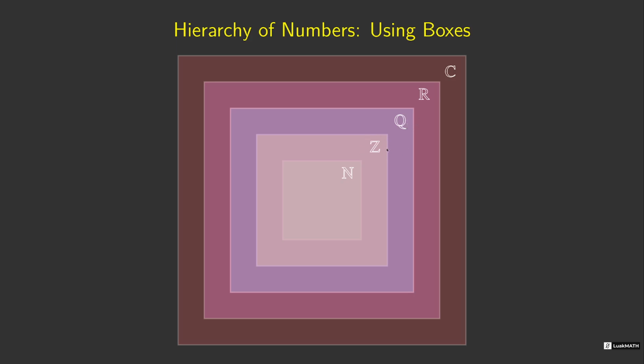All integers are real numbers. All natural numbers are real numbers. And then C. C is the biggest box of all. So this tells you that R, the set of real numbers, are actually complex numbers. The same with Q, Z, and N. This is where the hierarchy is coming from. Okay.